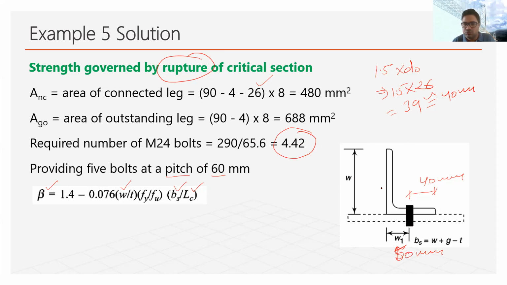If I show you how our angle will be connected, the angle will be like this, and this will be the outstanding leg. It will look like this, and our bolts will look like this.